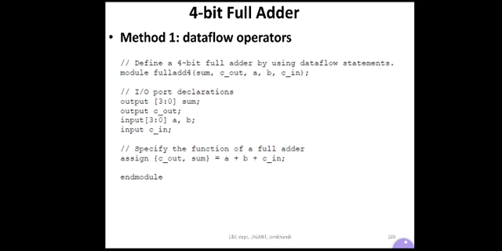So assign, in curly brackets, cout comma sum, where cout is 1 bit and sum is 4 bits, both concatenated, equal to a plus b plus cin. So a is 4 bits, b is 4 bits, and cin is 1 bit. All these are added and the result will be 5 bits. This is the program using data flow modeling with operators, and finally end the module.